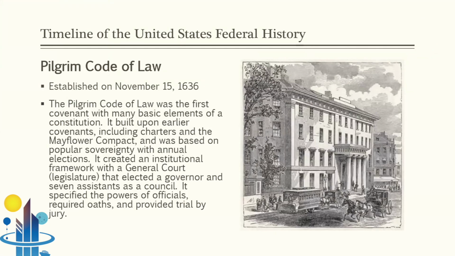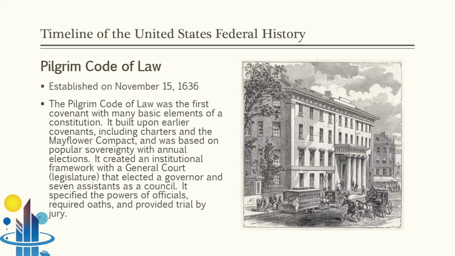The Pilgrim Code of Law, established November 15, 1636, was the first covenant with many basic elements of the Constitution. It built upon earlier covenants, including charters and the Mayflower Compact, and was based on popular sovereignty and annual elections.